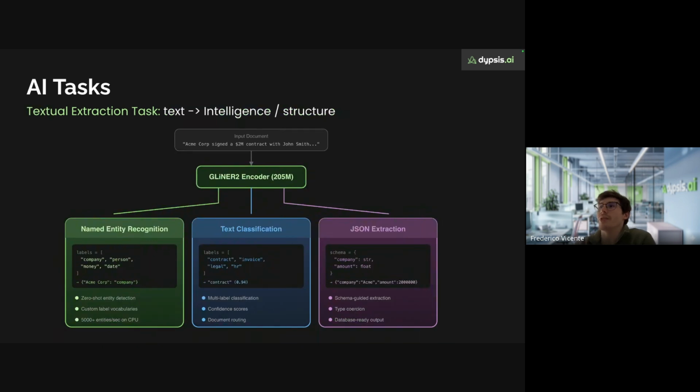We also have, as I was saying, this Liner 2, for example, an encoder model. It takes 200 million parameters, so it's quite small and you can run it on a CPU very easily. And you can use it for very different tasks, such as entity extraction or classification, or even general JSON extraction by providing some kind of schema of what you want to extract.